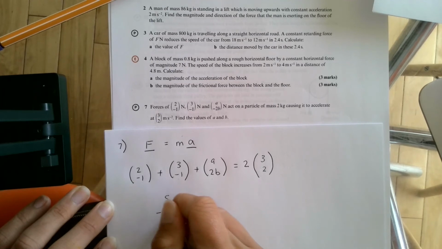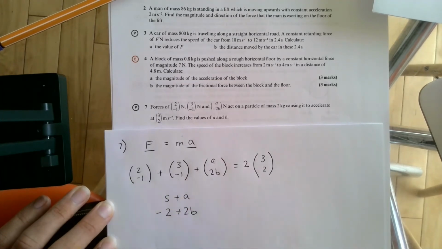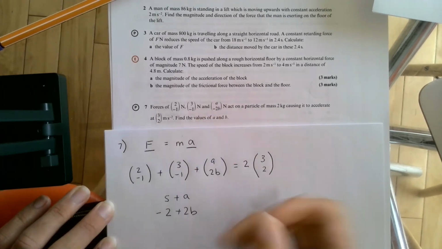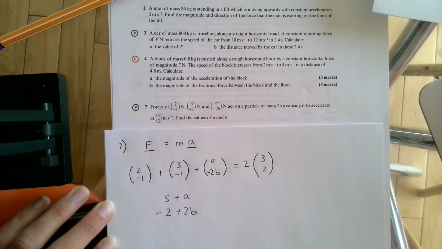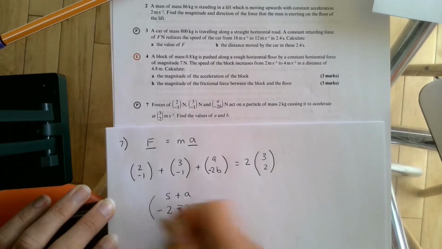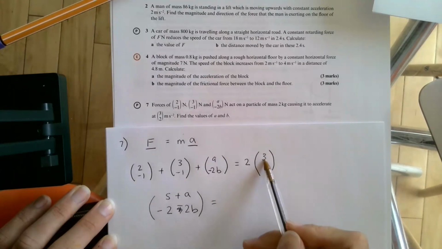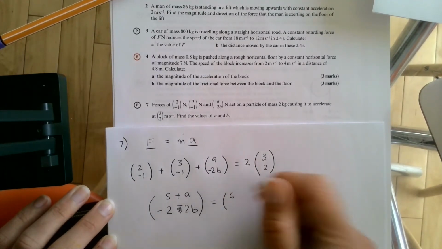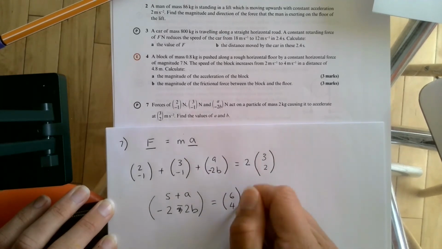Oh, sorry, actually, this is minus 2B, I made a mistake there. That's a minus 2B, which means this is minus 2 minus 2B. That's my left-hand side. And 2 times 3 is 6. 2 times 2 is 4.